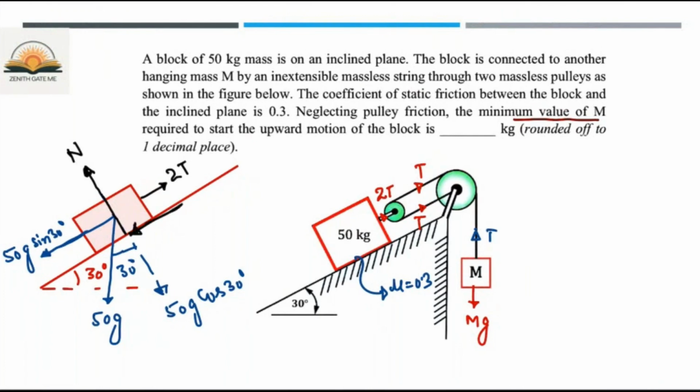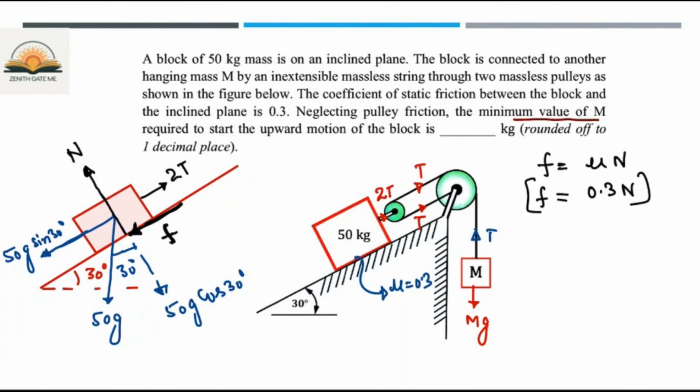The friction force is mu times the normal reaction, which is 0.3 times the normal reaction. So you have drawn the free body diagram of this block.